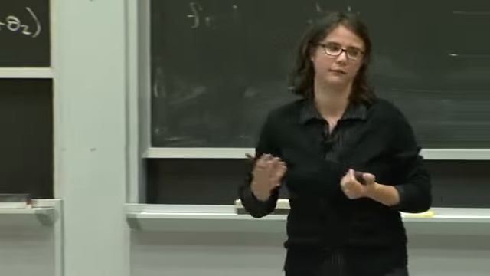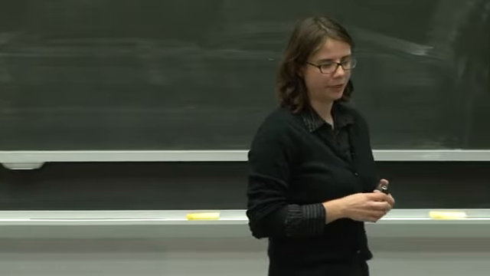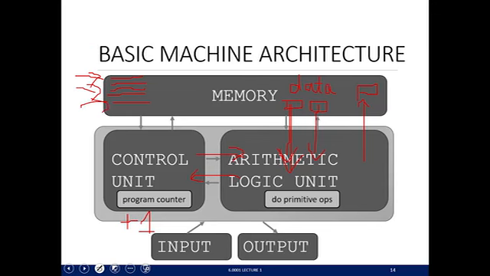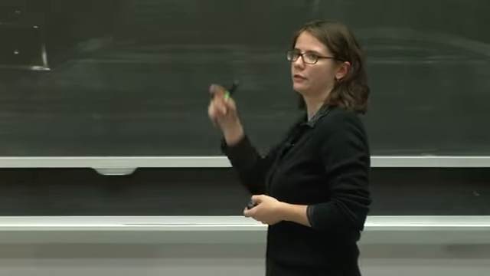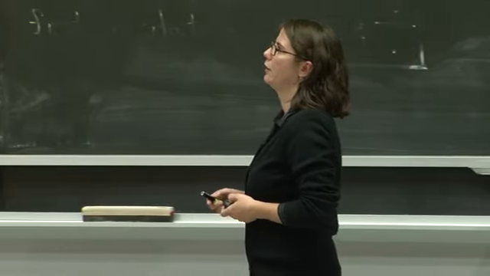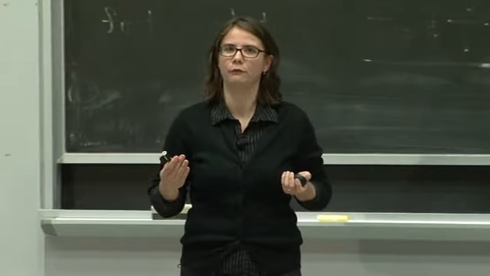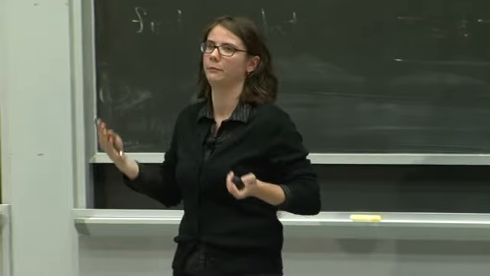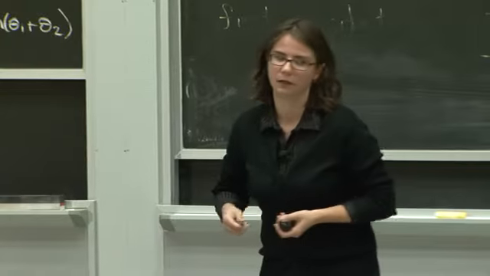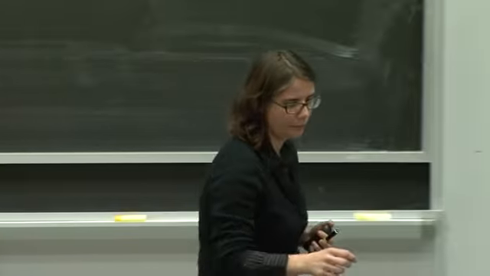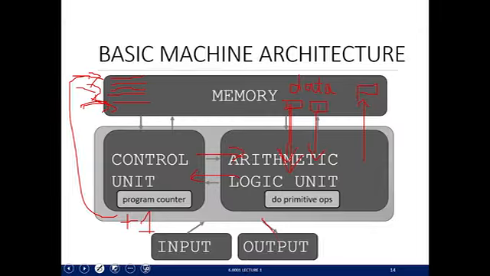And depending on the result of that test, you might either go to the next instruction, or you might set the program counter to go all the way back to the beginning, and so on. So you're not just linearly stepping through all the instructions. There might be some control flow involved, where you might skip an instruction or start from the beginning, and so on. Okay? And after you're done, when you finished executing the last instruction, then you might output something. So that's really the basic way that a computer works.